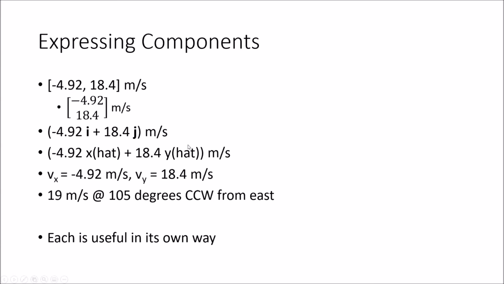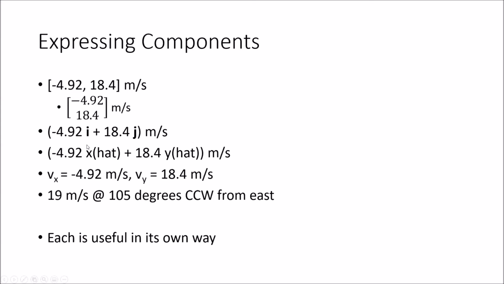There are other ways of expressing components. It's negative 4.92i plus 18.4j meters per second. The bold i is usually used for the x direction. The bold j is usually used for the y direction. X hat and y hat. This PowerPoint doesn't let you actually put the little hat on top of the letters, so I just had to write it like this.